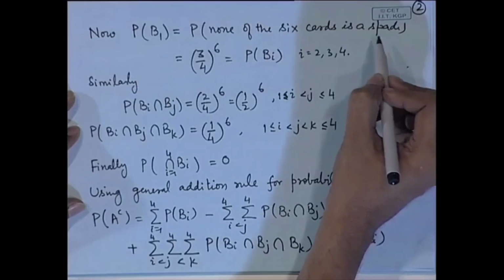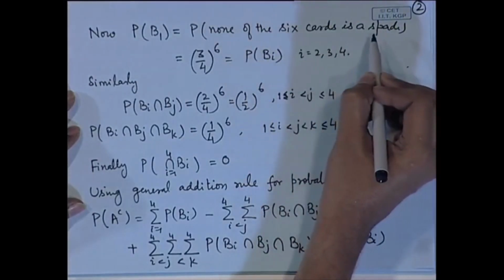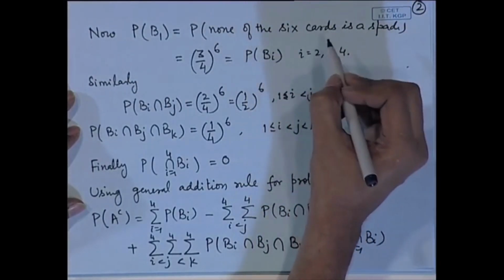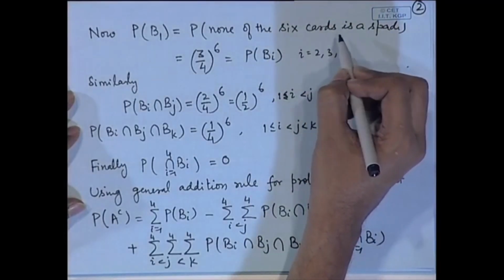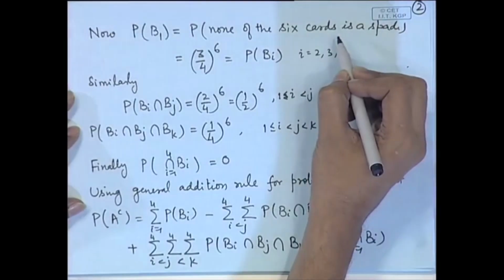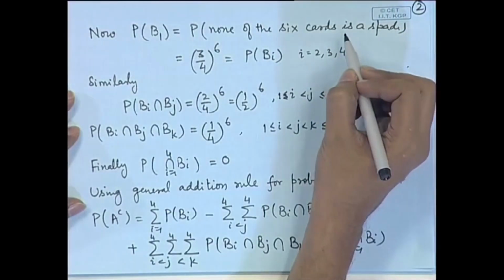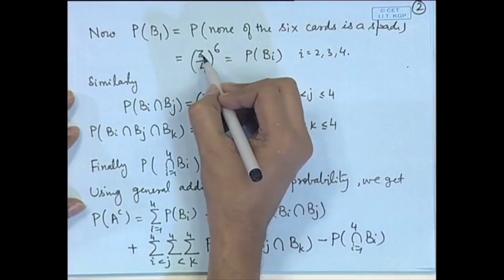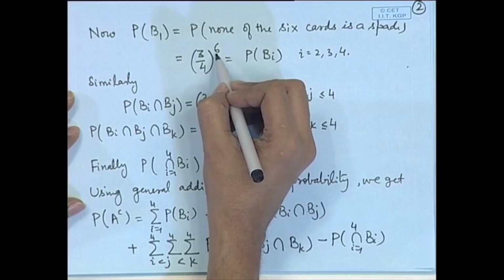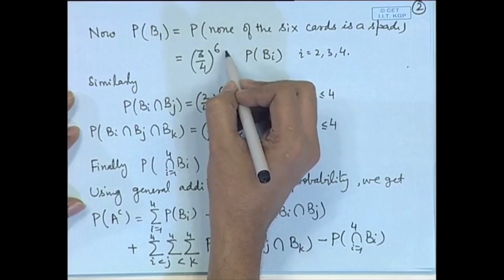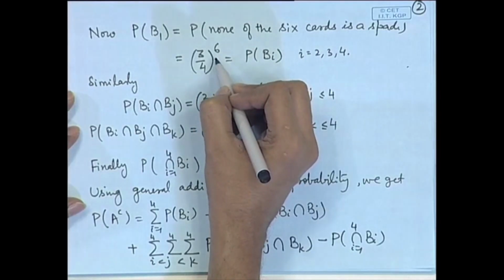In one draw of a card there are 13 spades, so if it is not a spade, the probability is 39 by 52, that is 3 by 4, since the drawing of the cards are independent and identical, because it is with replacement.